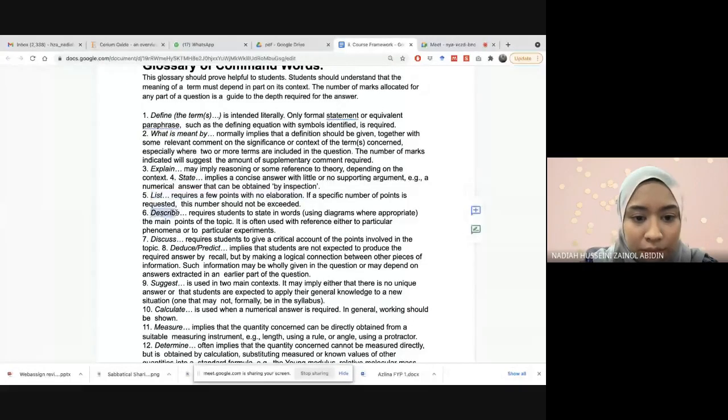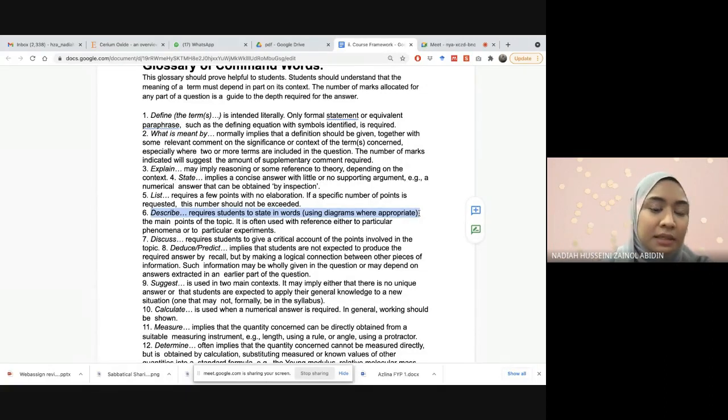Okay, so describe requires students to state in words, using diagrams where appropriate. So if they ask you to describe, do not give equations. Describe means gambarkan. So gambar usually comes with words or diagrams. So if you feel like your sentence is not enough to describe a law or a definition, or a flow diagram, contohnya macam heat engine.